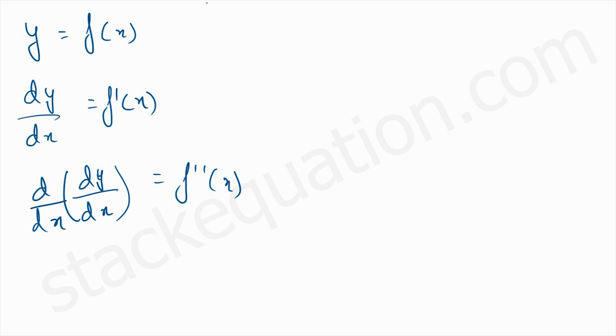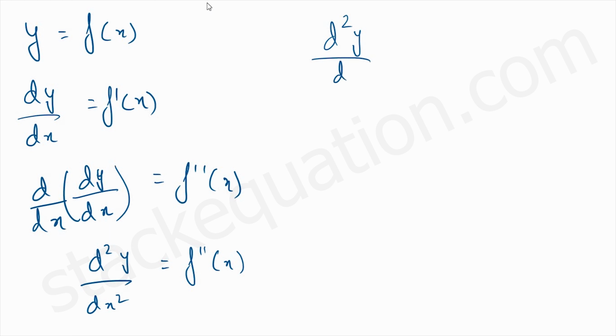So here we will write this as d2y by dx square equals f double dash x, right? Again, if I differentiate d2y by dx square with respect to x, this will be equal to d3y by dx cube, right?